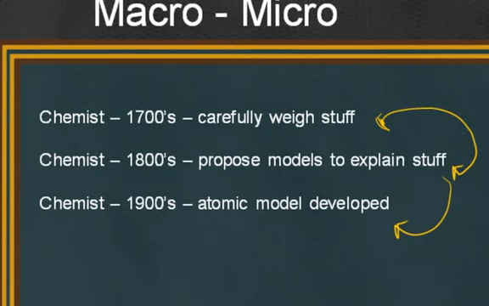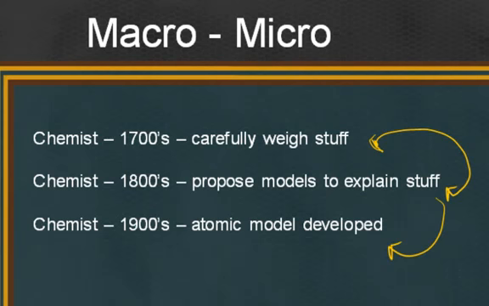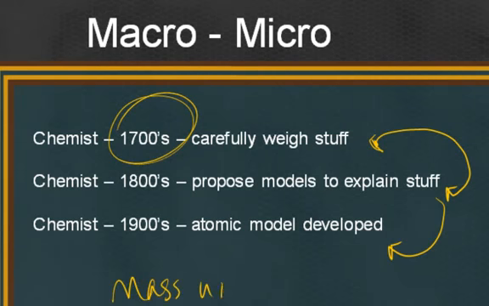Well, as it turns out, early on, as the scientists were beginning to understand in the 1700s matter and how it changed, they developed a mass unit type of scale. All the elements that they were discovering in the compounds, they could relate on this kind of relative mass unit scale.